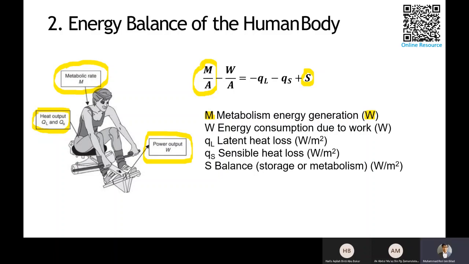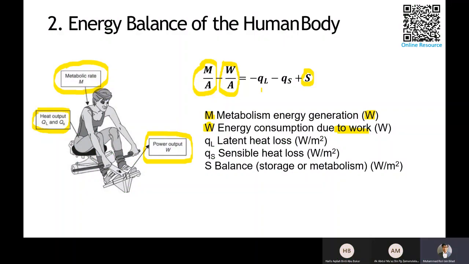Again, the W here: you minus whatever you generate by whatever you use mechanically, which is basically energy consumption due to work. The unit is watt, but in the energy balance equation we use watt per surface area of the skin, so the unit is watt per square meter.